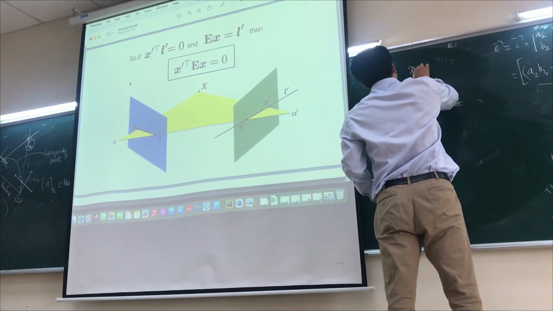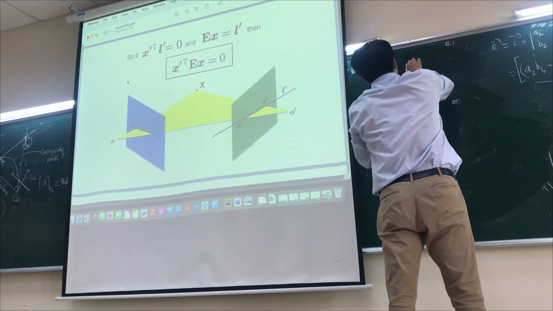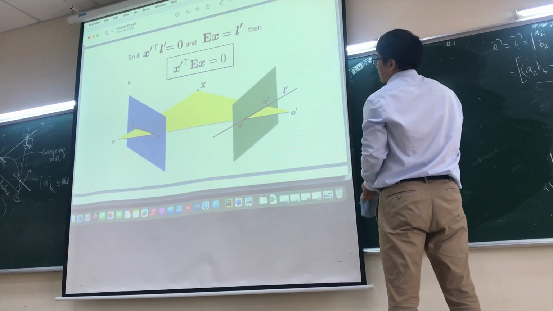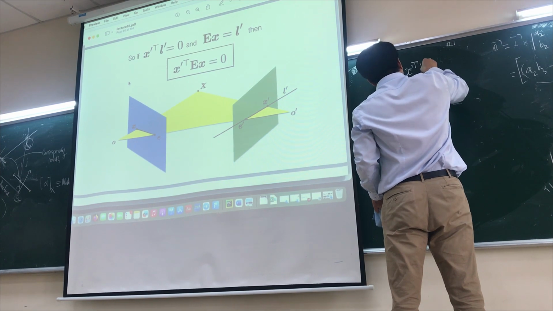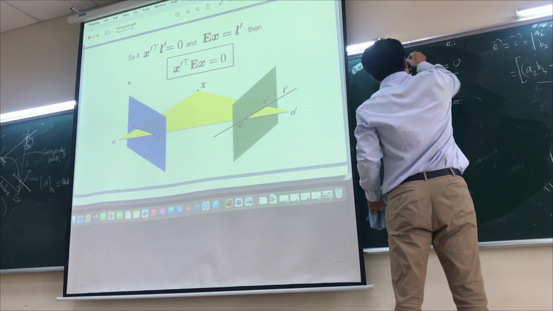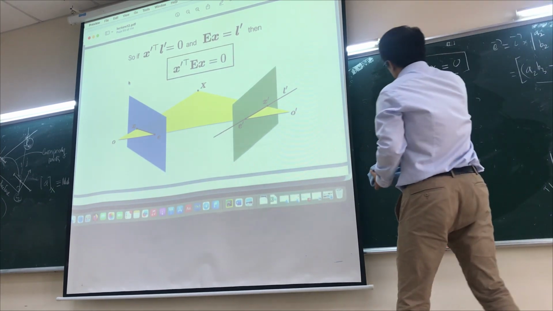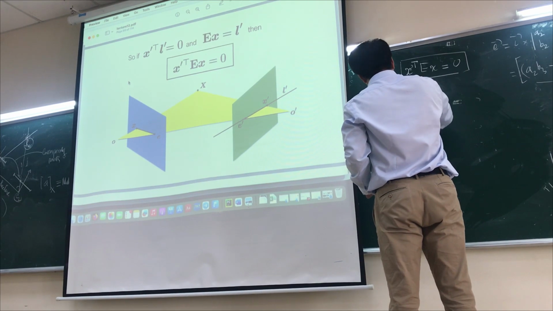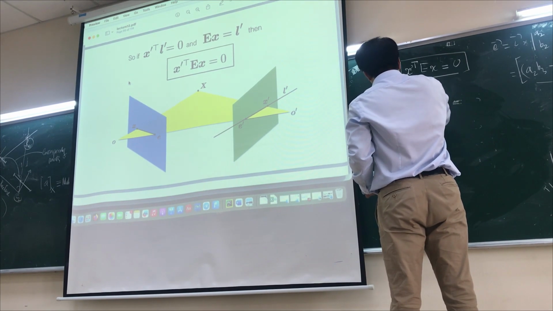F is from E and T. So that's why we have the relation. Very well known, right? What I mean is S from E equals S from, usually here. Remember that.